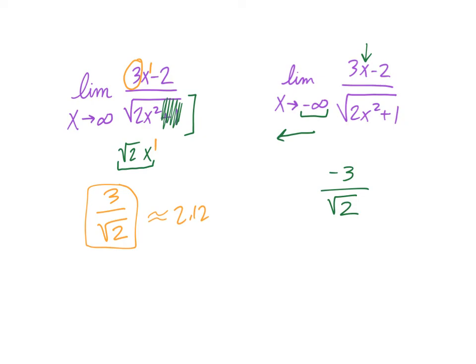Same degree, because this bottom is essentially the square root of 2 times x, so we get negative 3 over the square root of 2, or negative 2.12. So when the bottom is a square root, or something is squared that makes it always positive, we have to watch out for moving left and moving right having different horizontal asymptotes, meaning different limits at infinity.